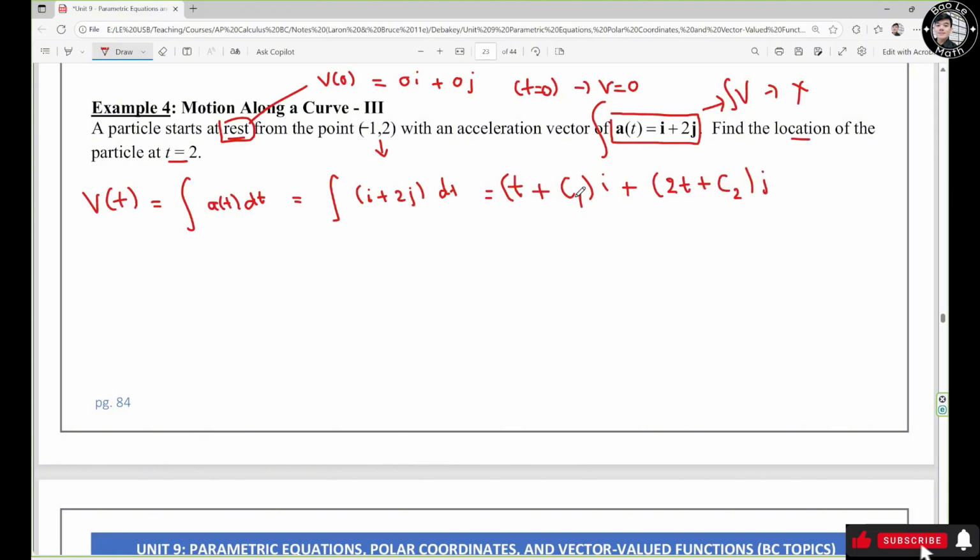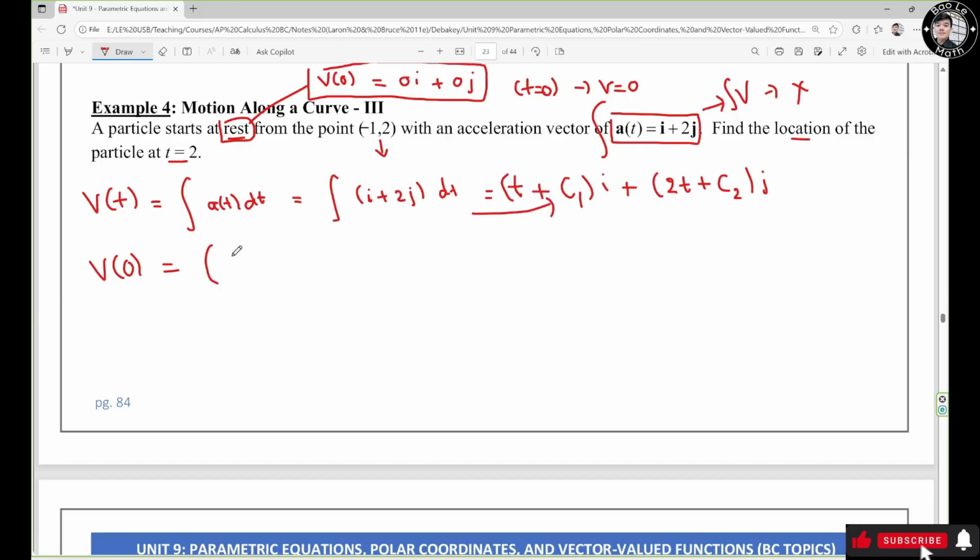Now we need to solve for c1 and c2. So we're going to use the given information right here. Alright, so v of 0 equals 0i plus 0j. So I have v of 0, substitute 0 for t into this guy right here.